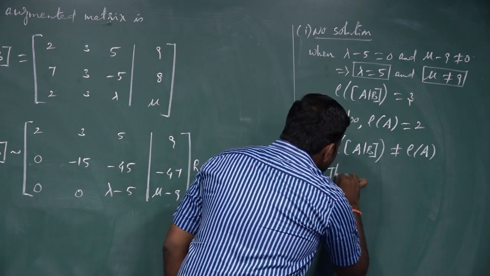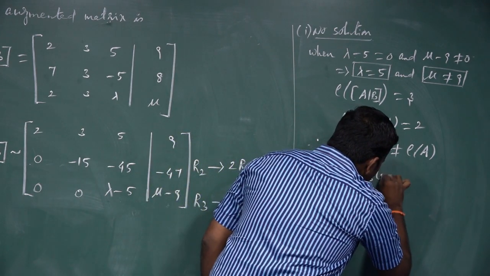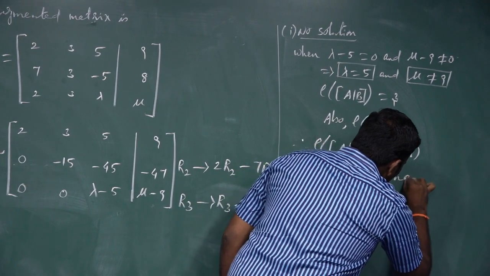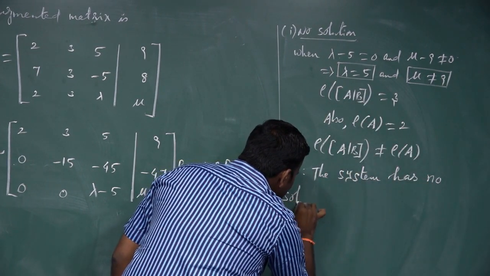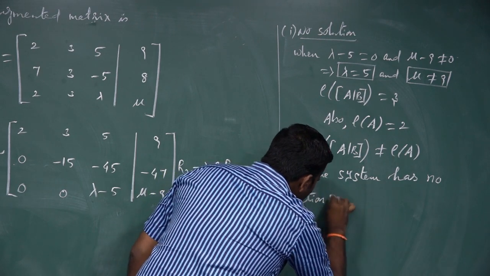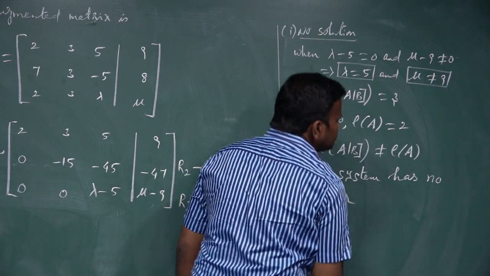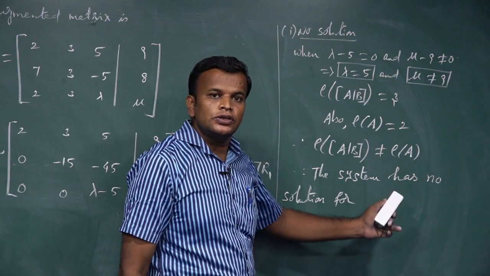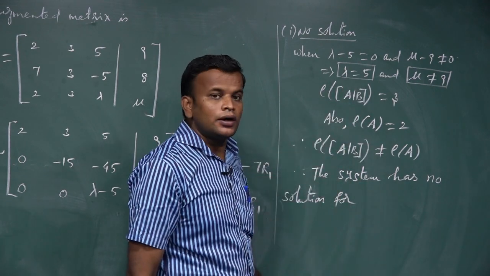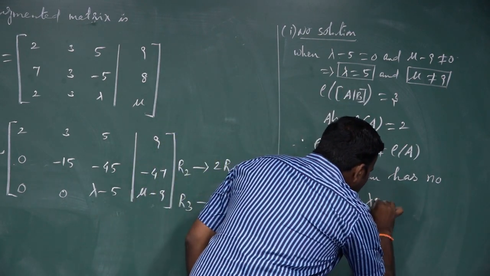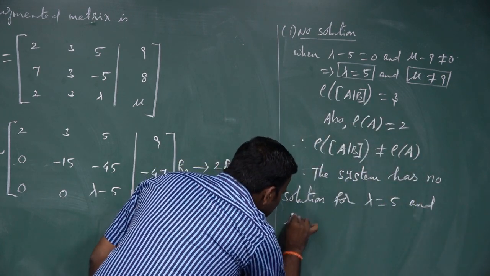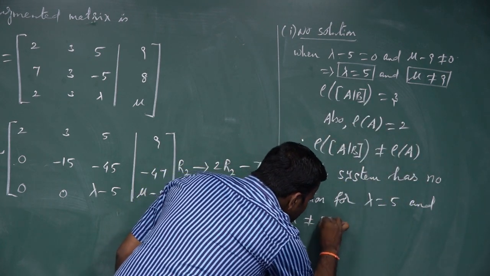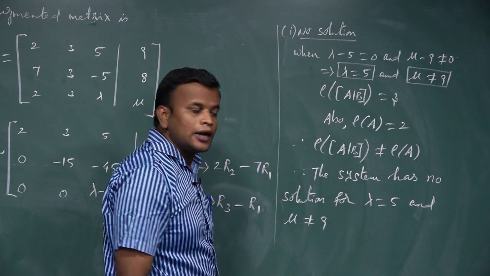Therefore, the system has no solution. For which value of lambda? Lambda is equal to 5. And another value is also important: the value of nu is not equal to 9.